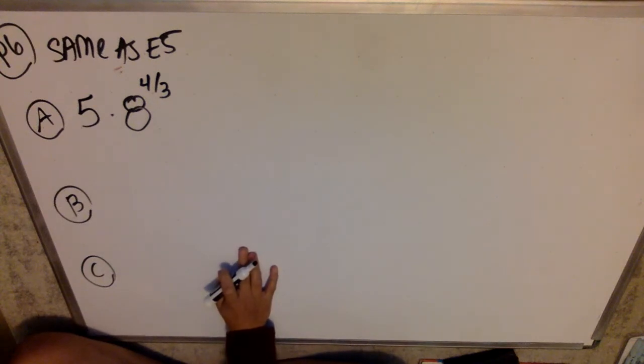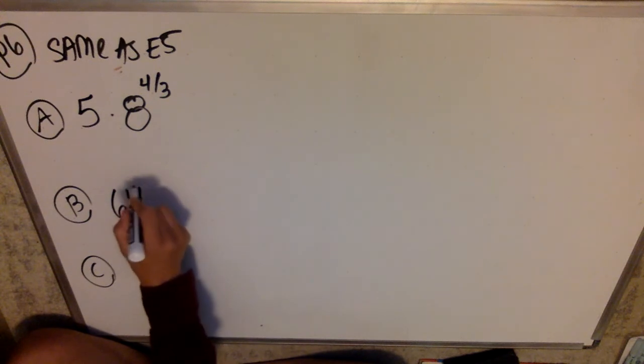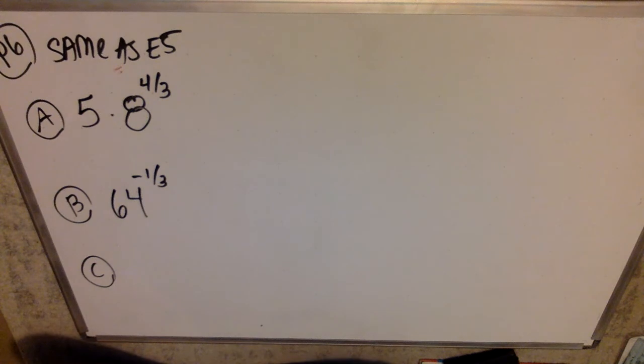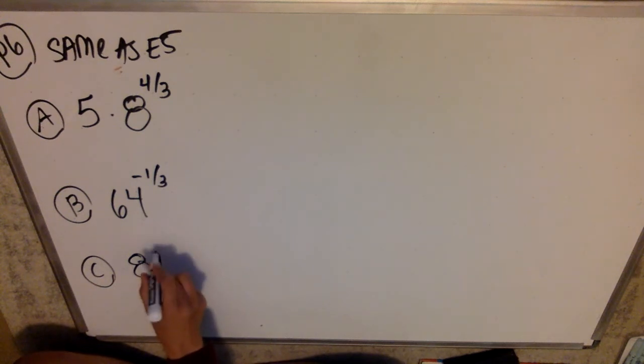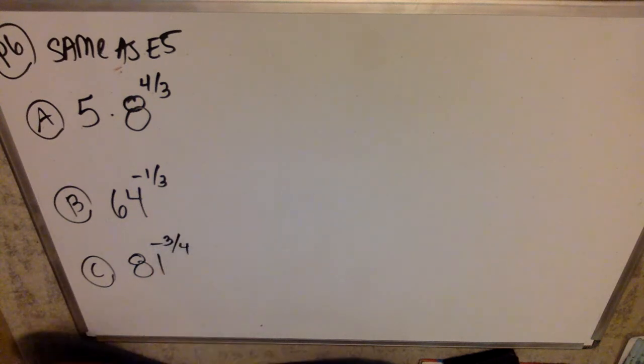Let's do a 5. Take it back. 5 in front of an 8 to the 4/3. Let's do a 64 to the -1/3. Let's do an 81 to the -3/4. Cool. Let's try those, and then I have a quick challenge problem that we'll try.